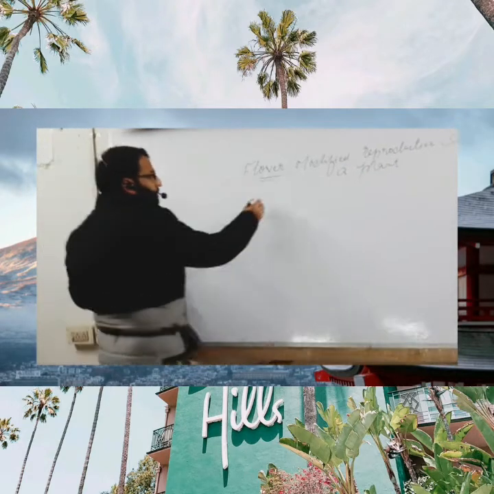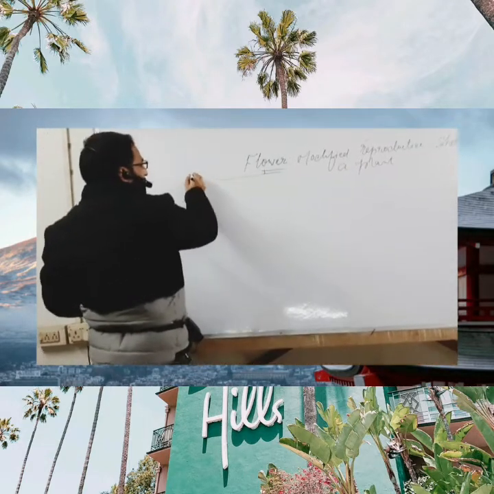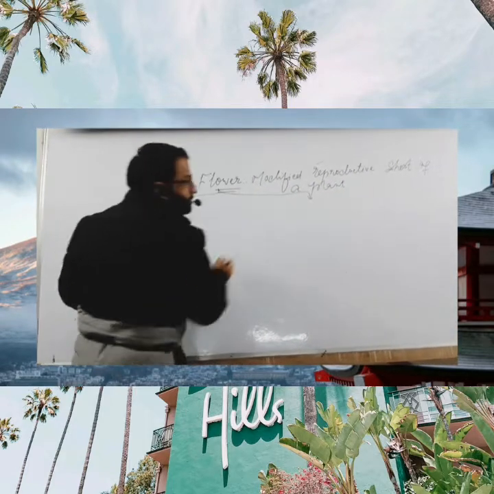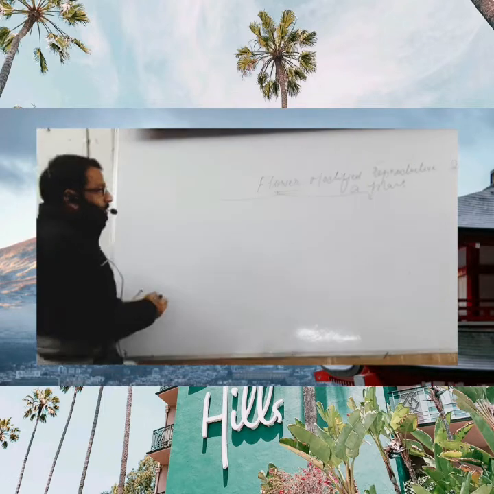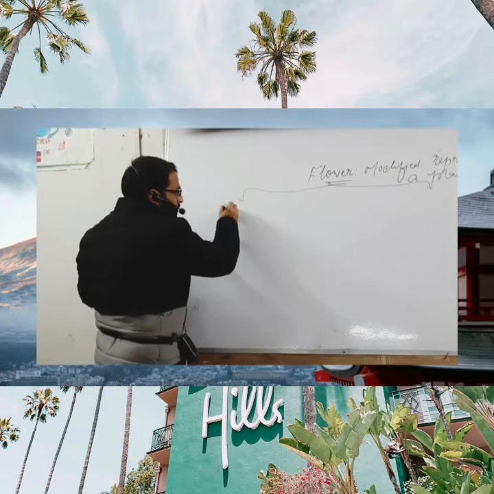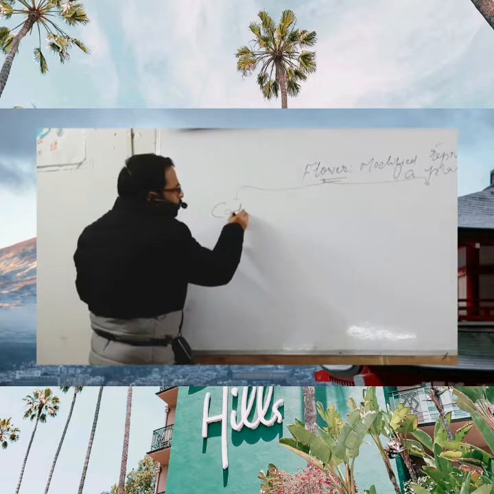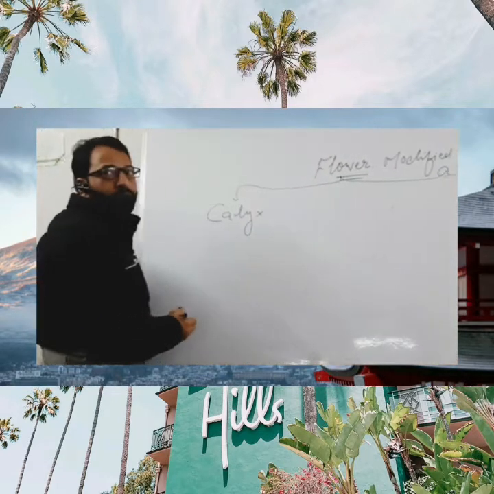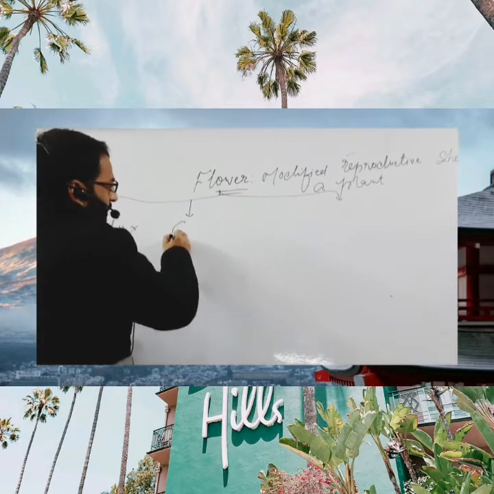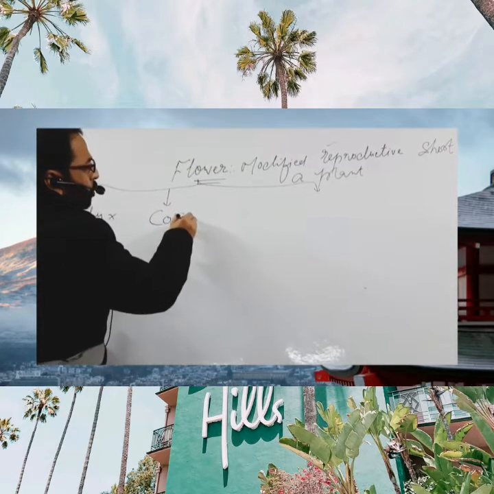So as far as the structure of the flower is concerned, this flower is composed of four main parts. The first part of the flower is known as calyx. The second part of the flower is known as corolla.